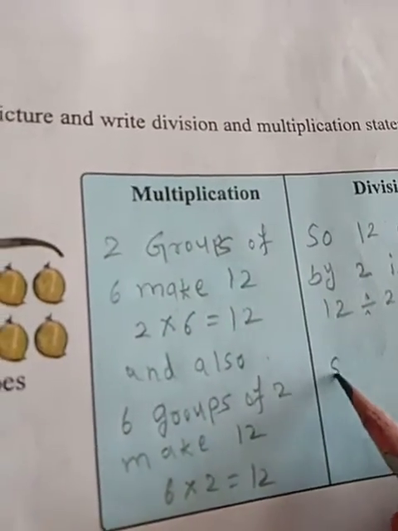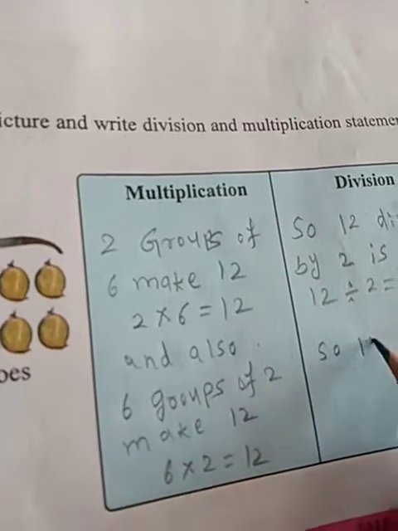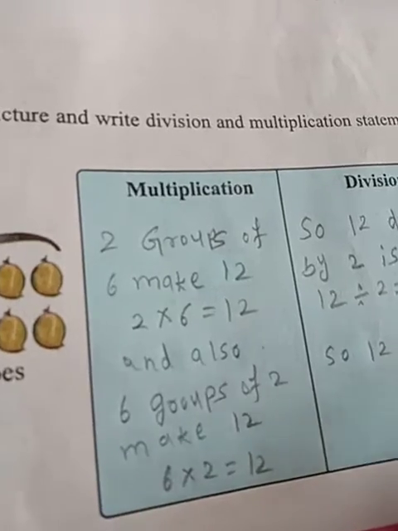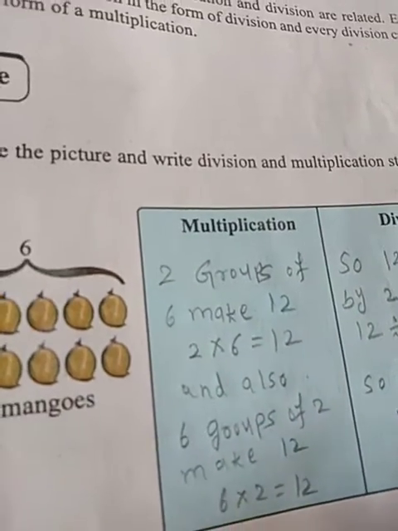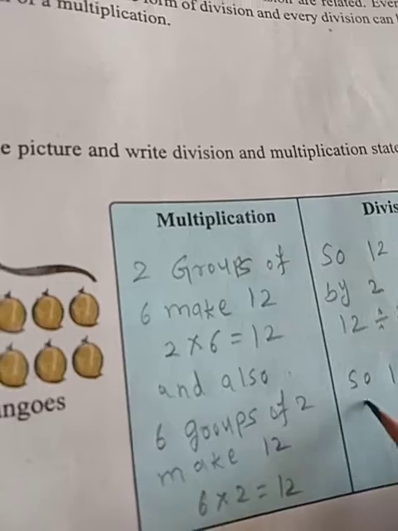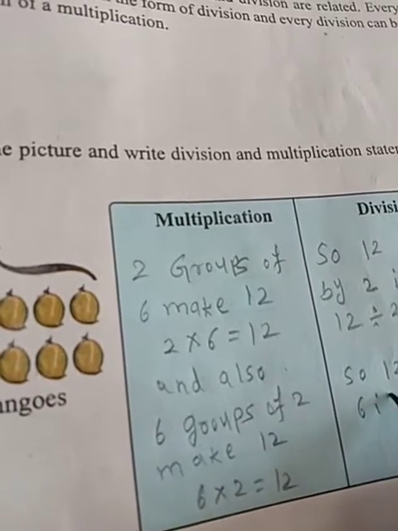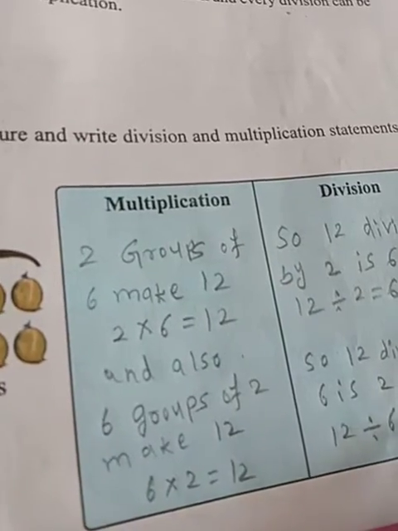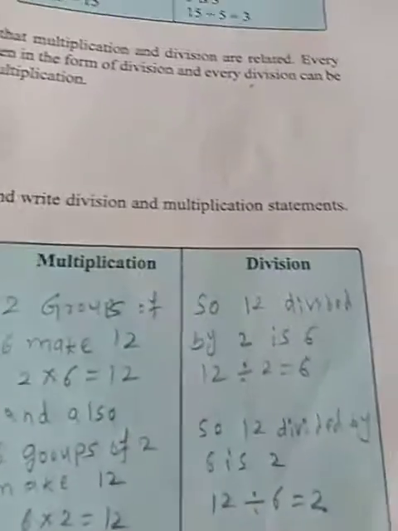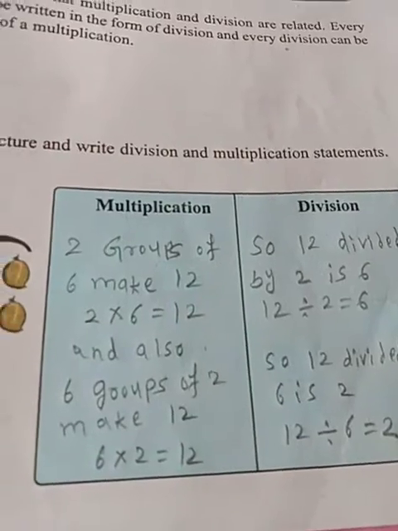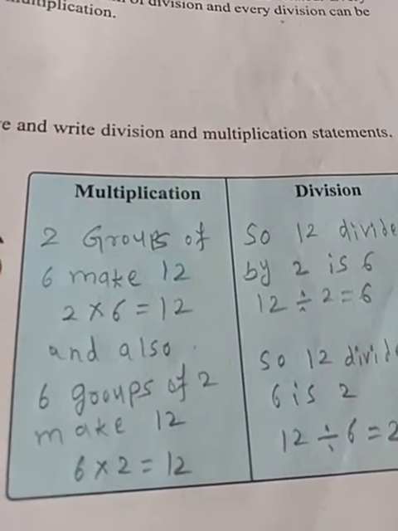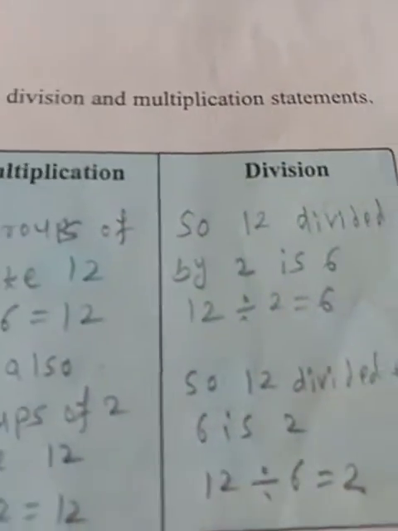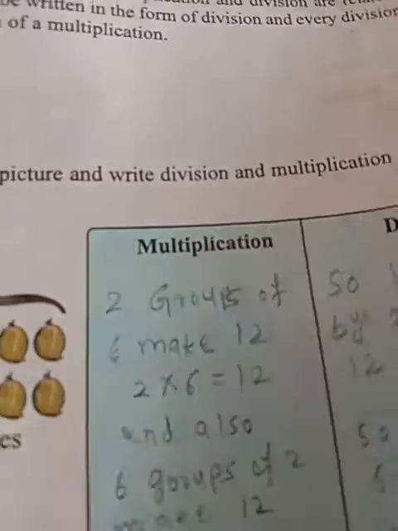So 12 divided by 6 is 2. 12 divided by 6 equals 2. Understand children? How to write in multiplication? Multiplication given means division. What relation is there? Okay? So next one.